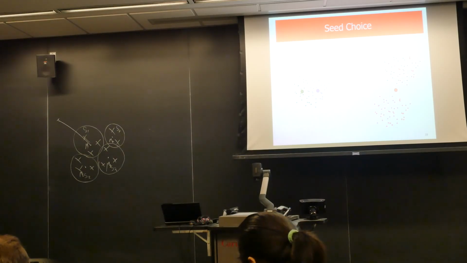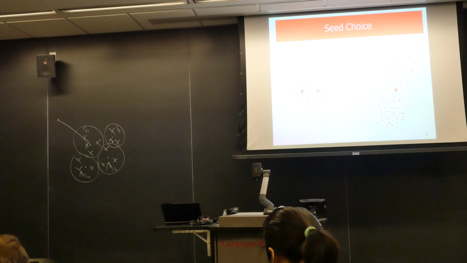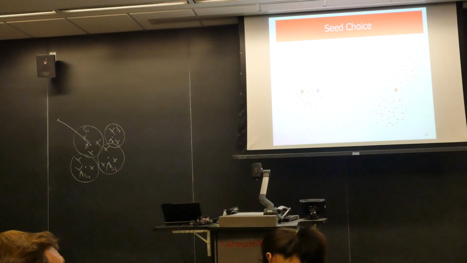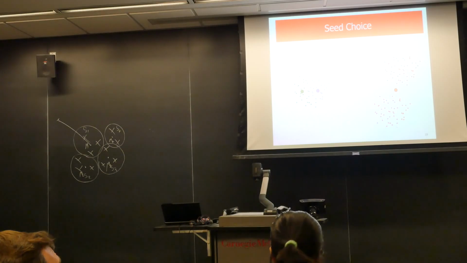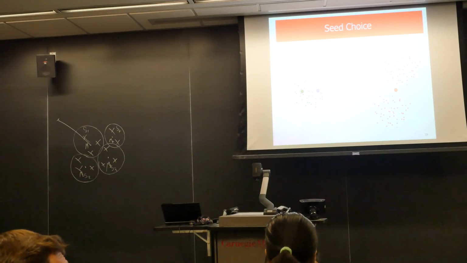There are some improved versions where you can have some bounds. You will never say I found the global optimum after this many iterations, but you can say that I'm not too far from that global optimum point. You can give this kind of guarantee. But we will not touch those algorithms.